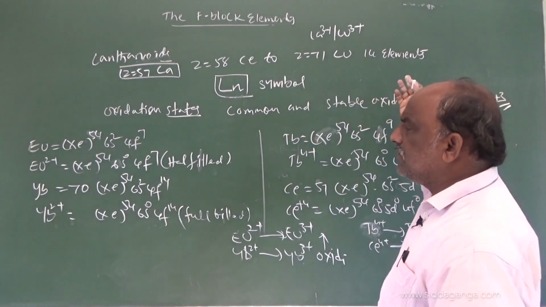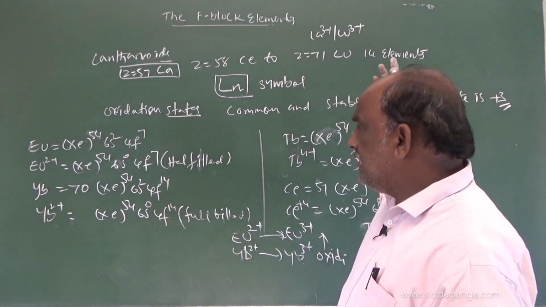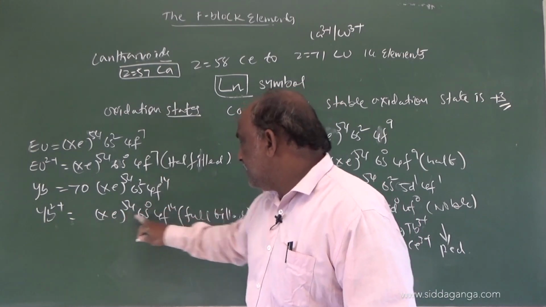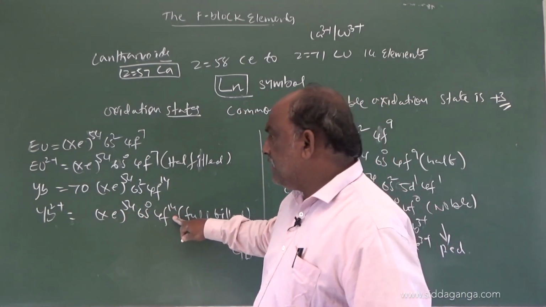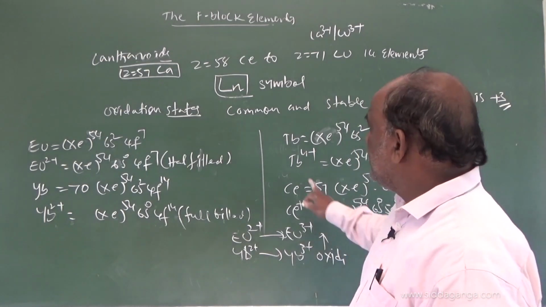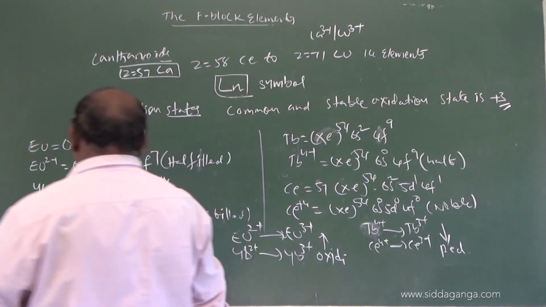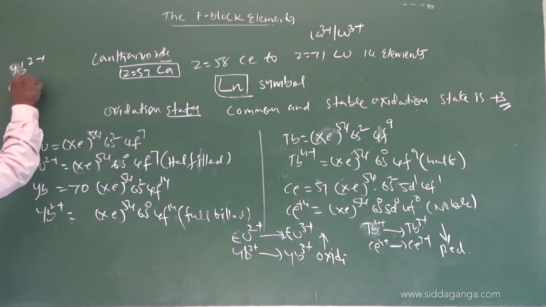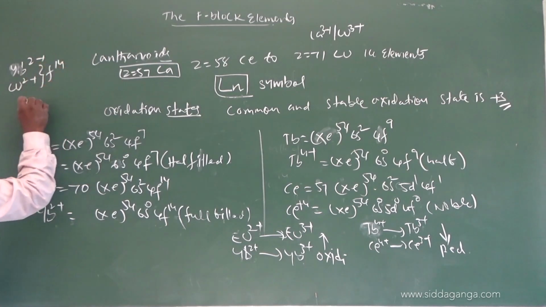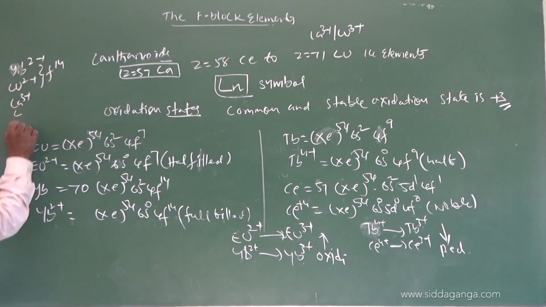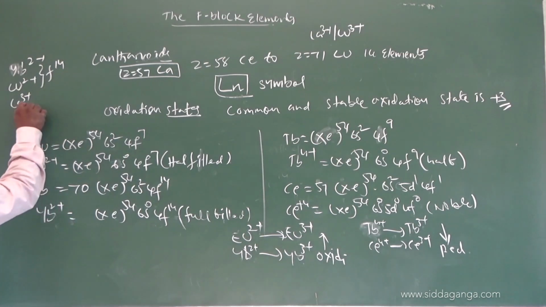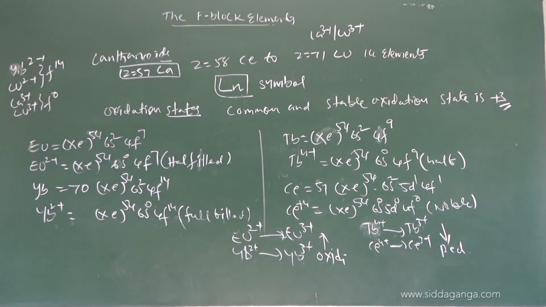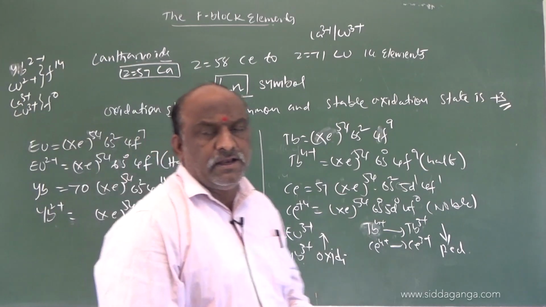On the other hand, Yb2+ and Lu2+ have the f14 configuration. So f0 and f14 configurations are colorless.